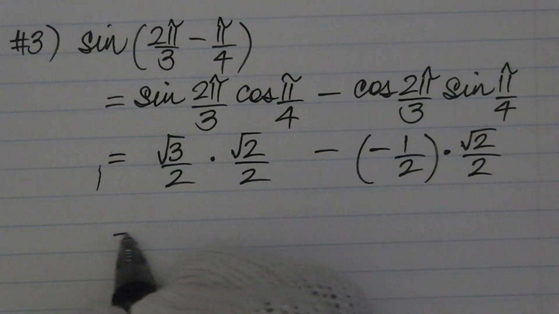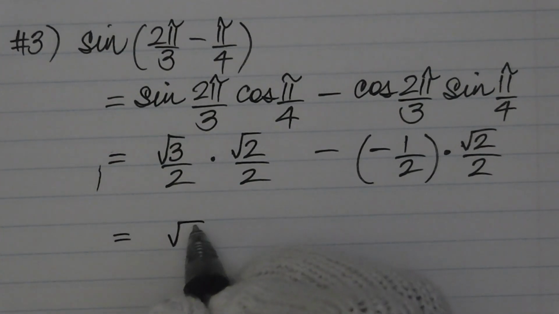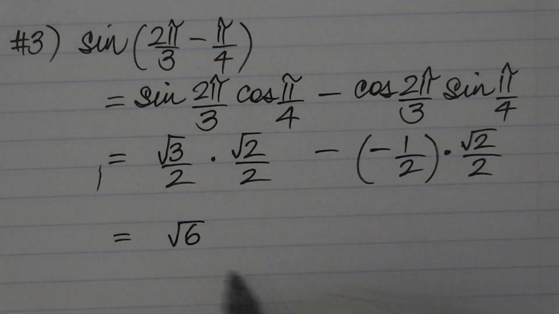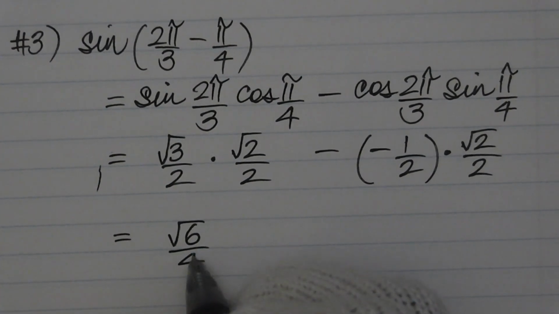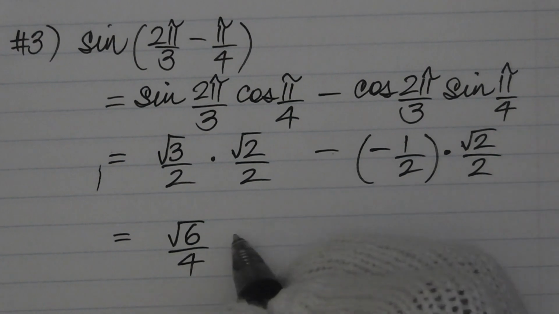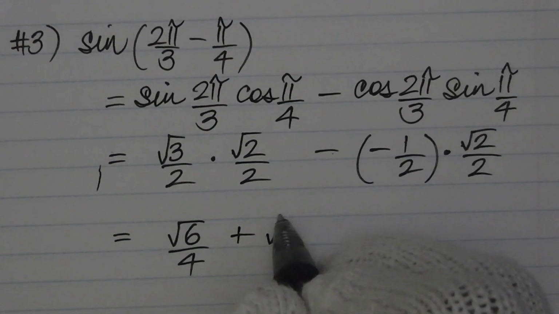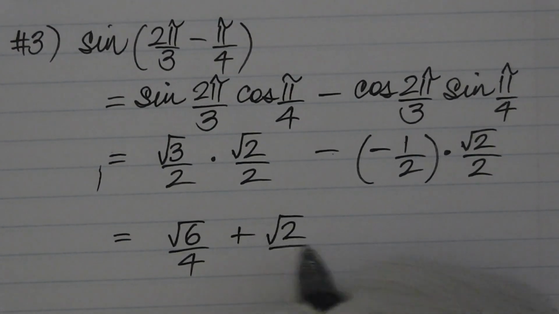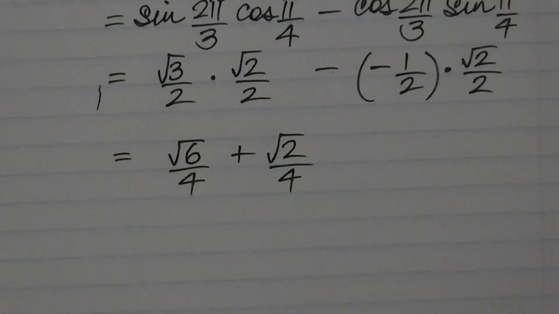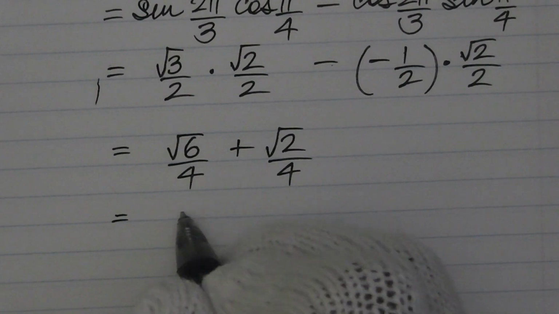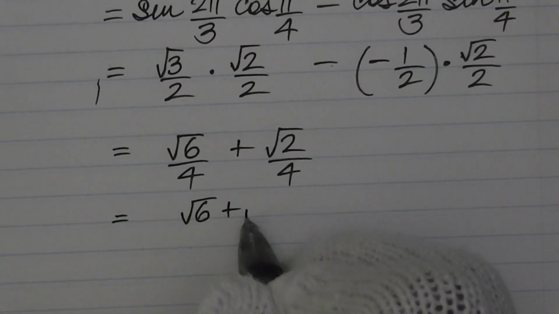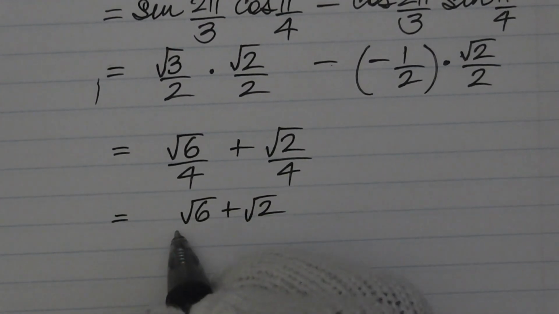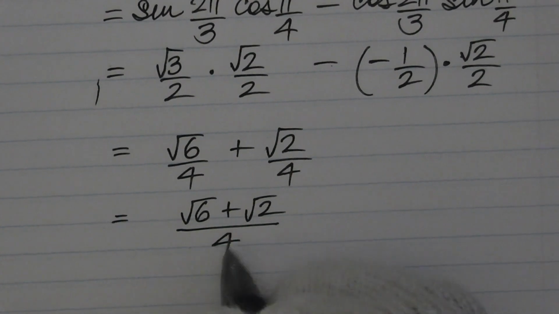Positive times positive, this is going to give me radical 6 over 4. Negative into negative, positive, radical 2. 2 times 2 is 4. And my final answer is going to be radical 6 plus radical 2 over 4.